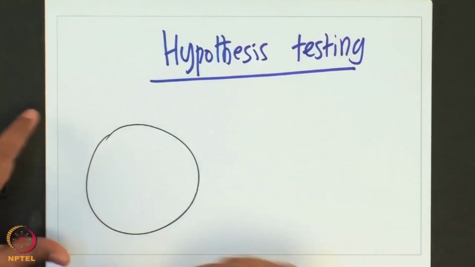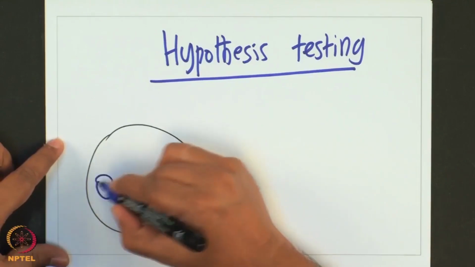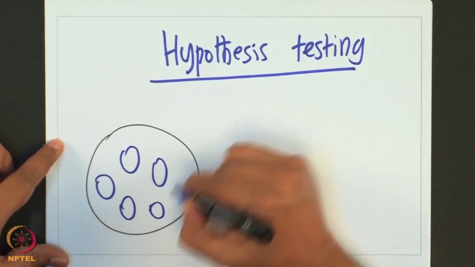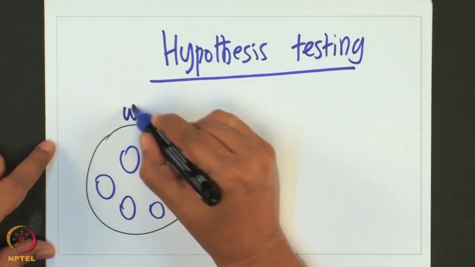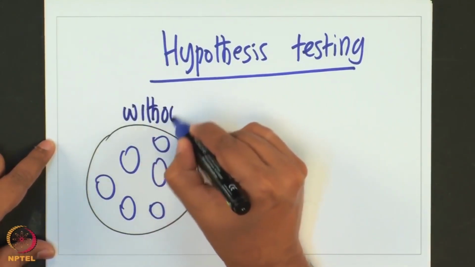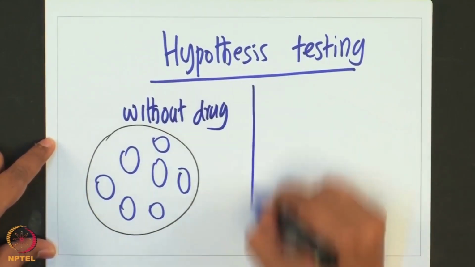So, let us think of a population. This is a population of cells we are going to draw. This is a population of cells without any drug. Equivalently, you could call it without mutation.